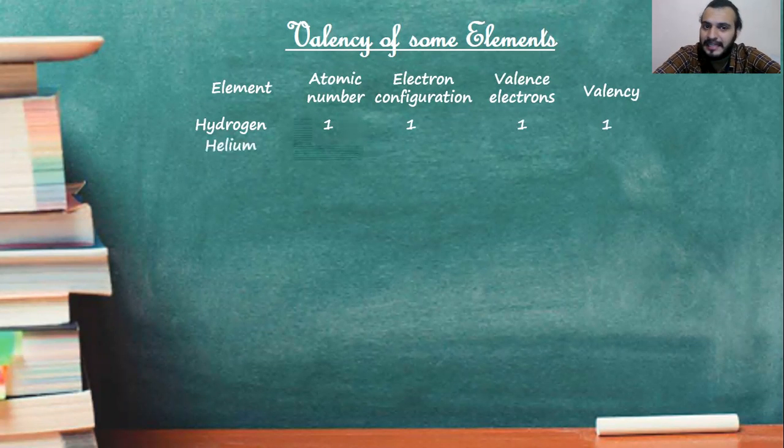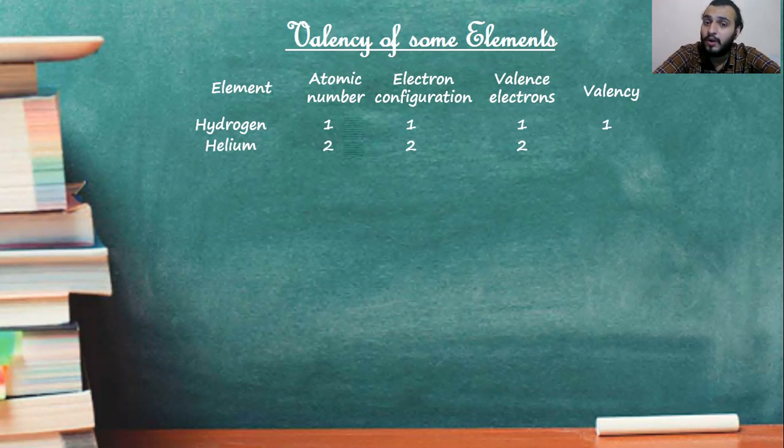Next is helium, atomic number 2, electronic configuration also 2 because there are 2 electrons in the first shell. Valence electrons. Again, what are valence electrons? Electrons in the outermost shell, so even that is 2. And valency. Now, dear kids, observe carefully over here.